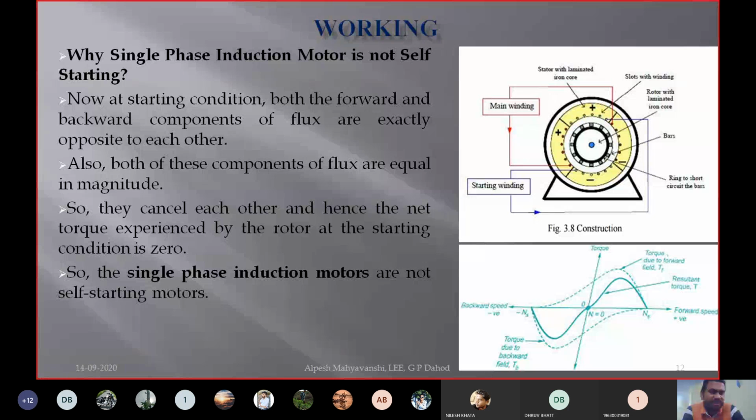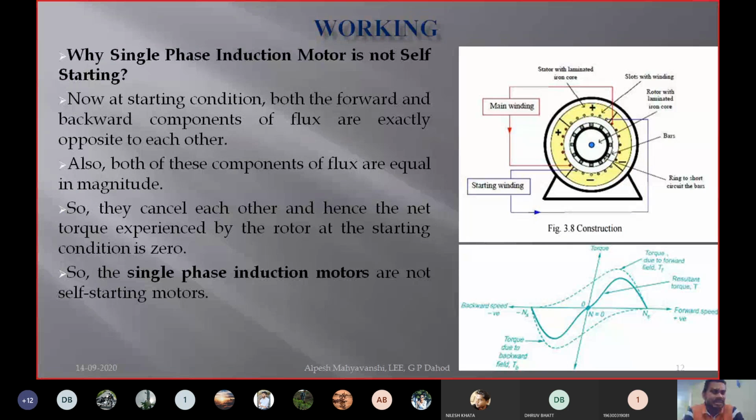That means the single phase induction motor is not a self-starting motor.